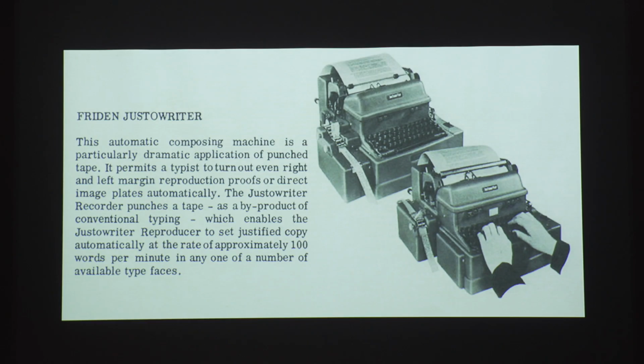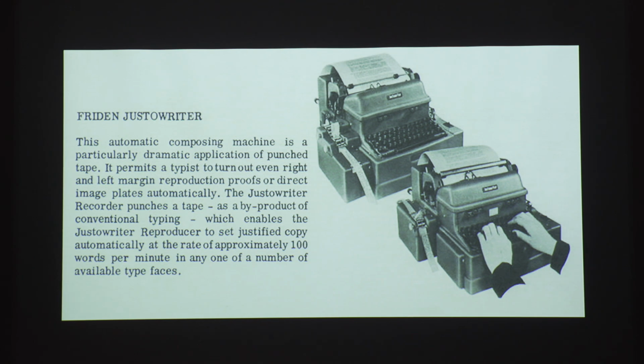So let's look at some of those. This is the dawn of the cold type era, meaning type that was set without using hot metal type. Most people think of phototypography as cold type, but some would say that strike-on fits in that category as well.